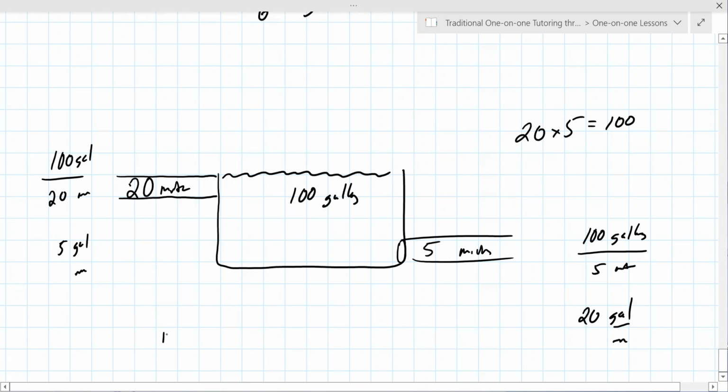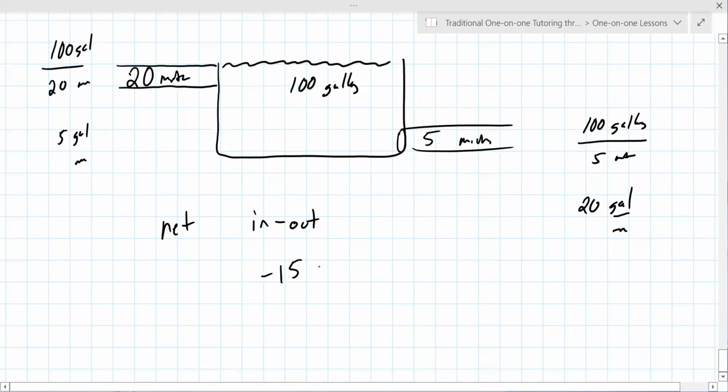So what's the net rate? What's the in minus the out? 5 minus 20, which would be negative 15. Yes. So every minute you lose 15 gallons, and you started with 100. You could make a table, or you could do some division.